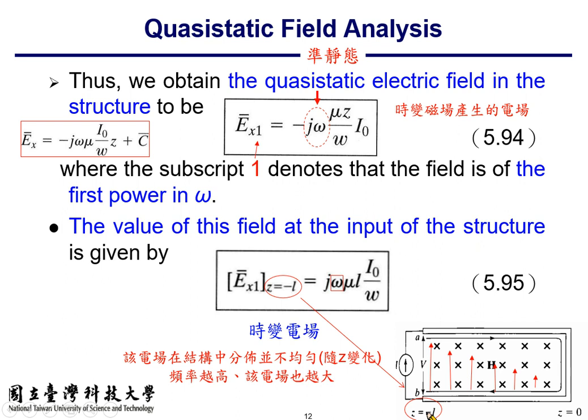Not square of Z or cubic of Z. So it's a linear variation. Well, but it goes to 0 at the very right end. On the left end, the electrical field is strongest.